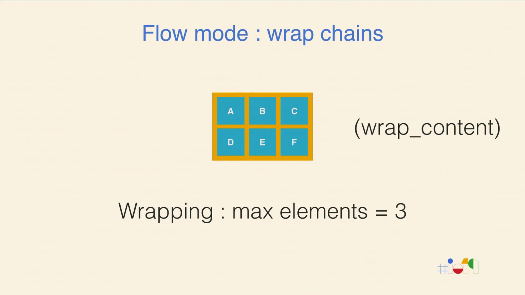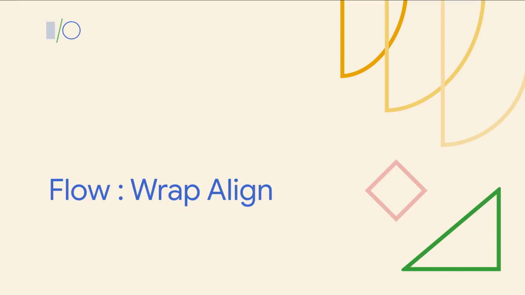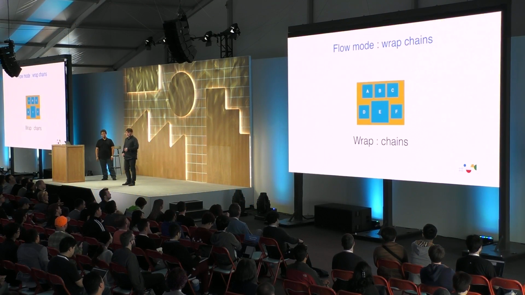You can also set up a max number of elements before you decide to wrap, which is kind of handy to create a table-like behavior. Or is it? Well, the problem here is if the elements don't have the same size, you're not going to have a grid, right? Because we'll still apply chains. And that's where the last mode comes in, where we will align the elements in rows and columns for you.